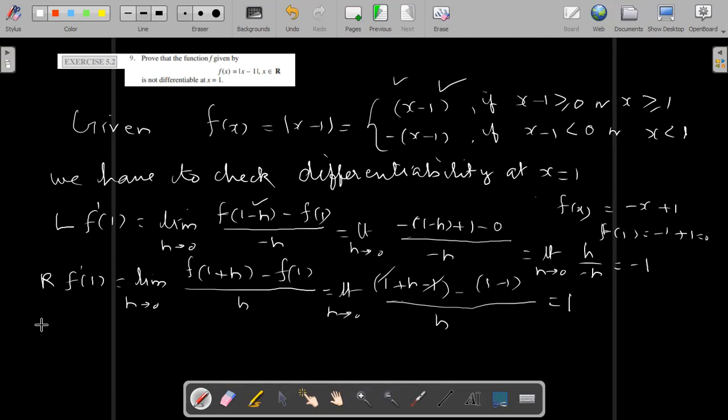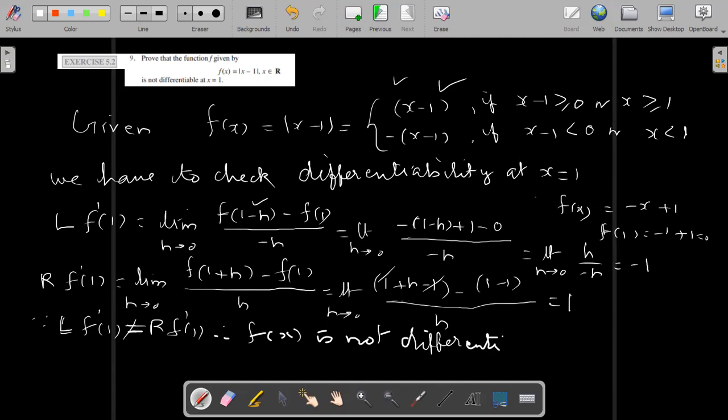Hence it is proved. Therefore, since the left hand derivative at 1 is not equal to the right hand derivative at 1, f(x) is not differentiable at x is equal to 1.